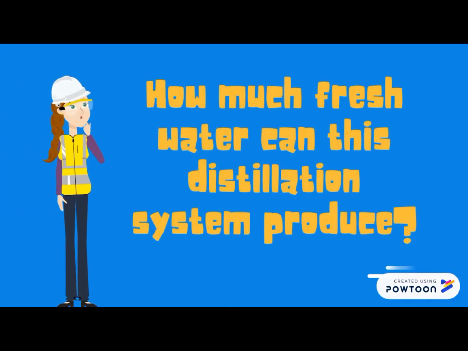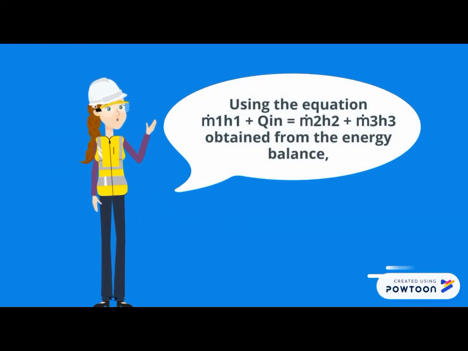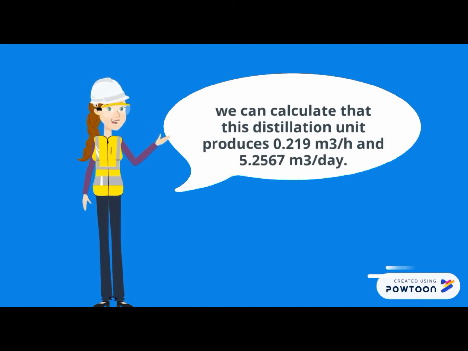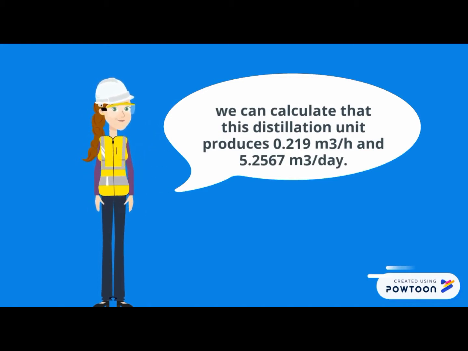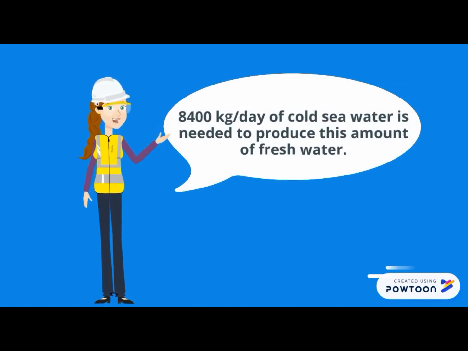How much fresh water can this distillation system produce? Using the equation M1H1 + Q_in = M2H2 + M3H3 obtained from the energy balance, we can calculate that this distillation unit produces 0.219 m³ per hour and 5.2567 m³ per day. 8,400 kg per day of cold seawater is needed to produce this amount of fresh water.